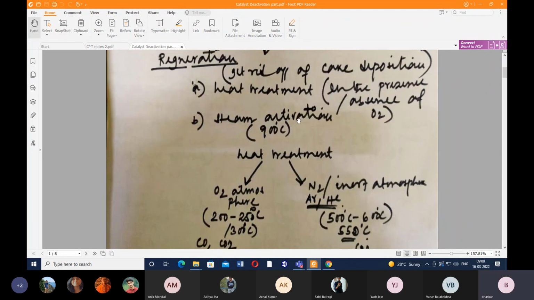Sintering means only melting of catalyst, nothing else. So tell me, in order to avoid sintering, what should one do?